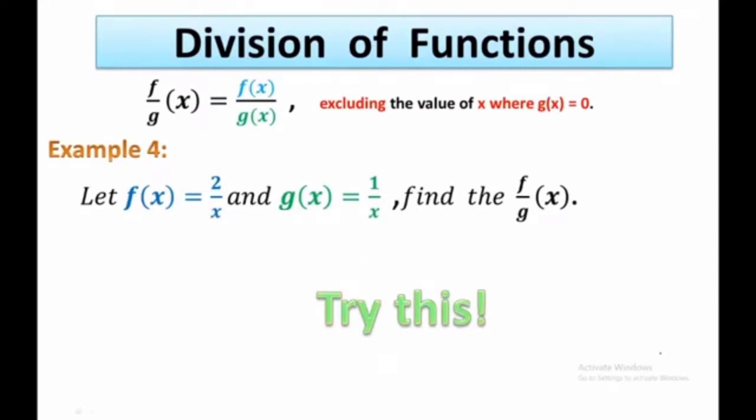Now I want you to try this last example, which is example number 4. I'm going to read the problem. Let f of x be equivalent to 2 over x. F of x is equal to 2 divided by x. And g of x is equal to 1 over x. Again, g of x is 1 divided by x. So find the f over g of x. I will give you 30 seconds for this last problem.